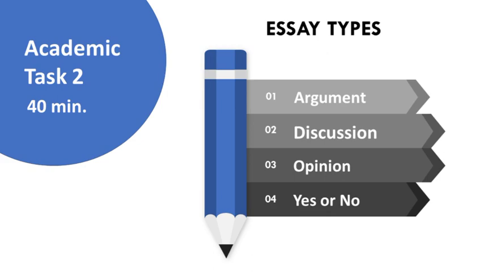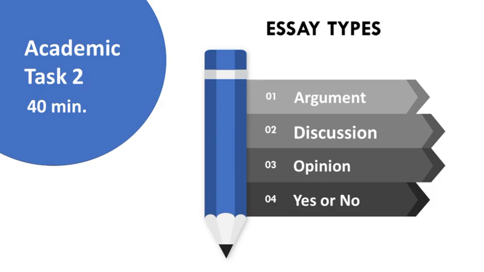And the third one is opinion, while the last one is yes or no. So there will be a question, okay, for any of these essay types that you will be able to respond to, okay? And in this regard, you can be given any topics to talk about in your task 2 writing.